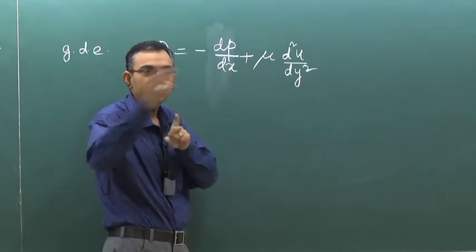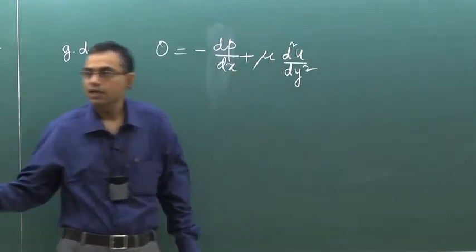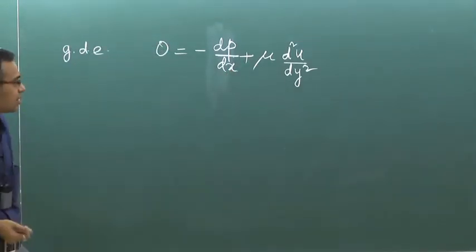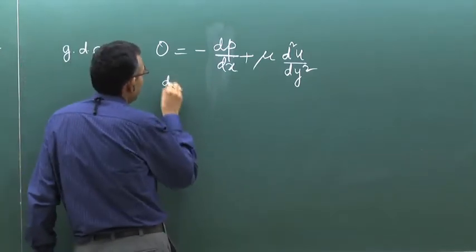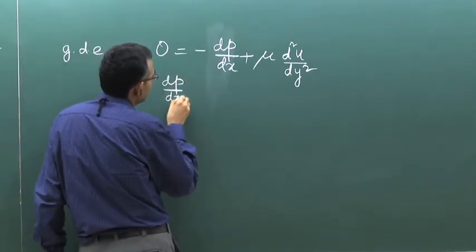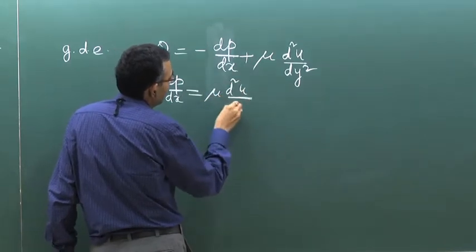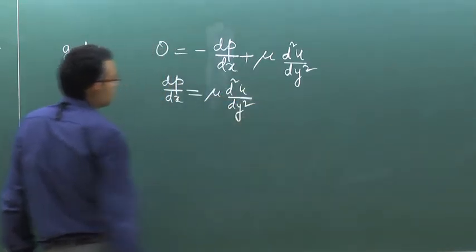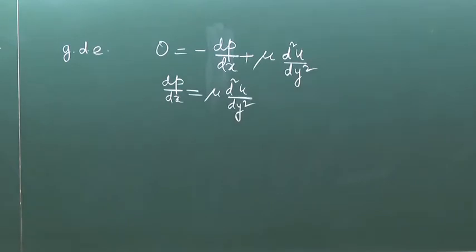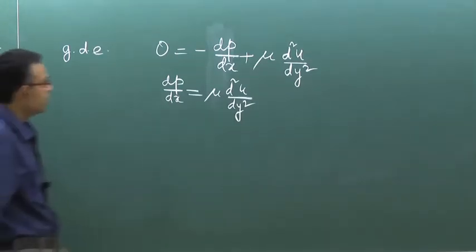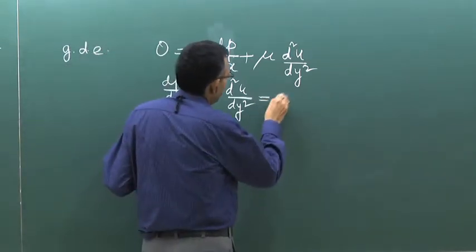So, I have jumped all those steps because we have already done that in the previous examples. So, you have dp dx is equal to mu d2u dy2 is equal to a constant, right.